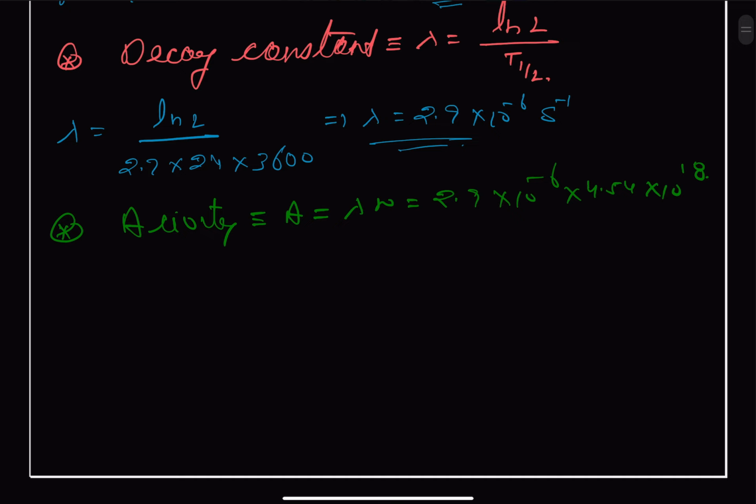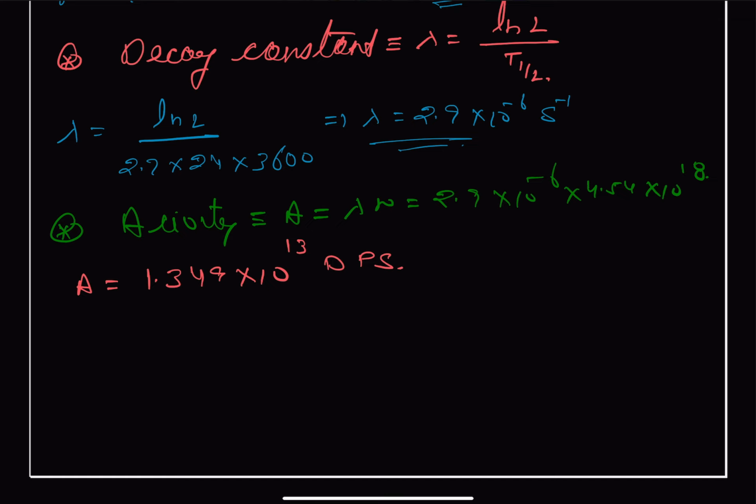So from here we get our activity A, which will be equal to 1.349 into 10 to the power 13 disintegrations per second.